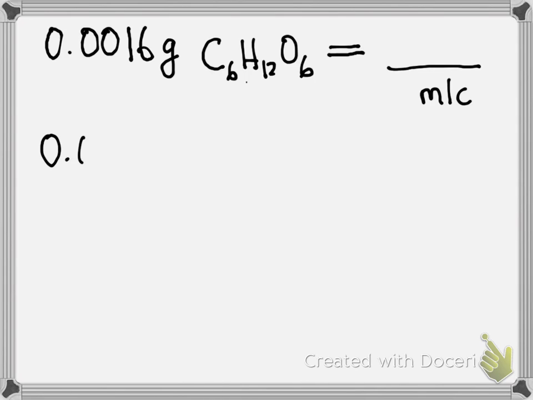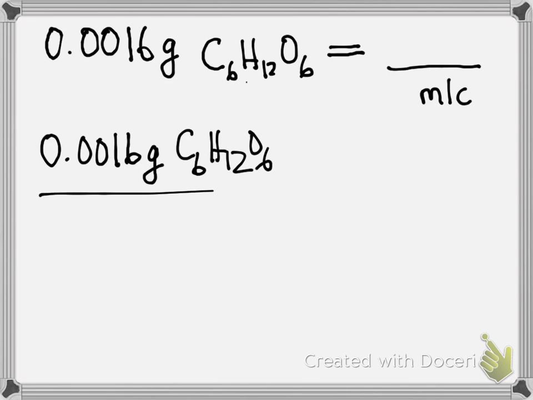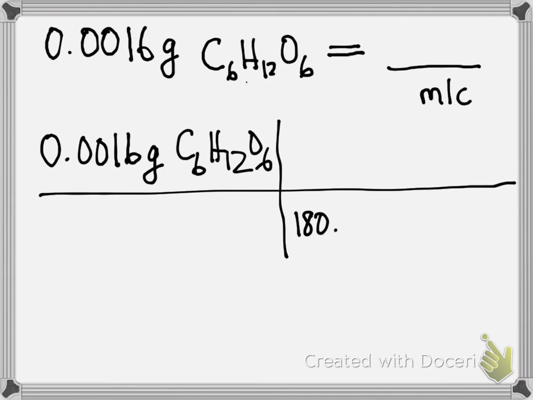So we have 0.0016 grams of C6H12O6. And of course we can use our Chemtrix app, or we can use a periodic table analysis to determine the molar mass is 180.156 grams in 1 mole.